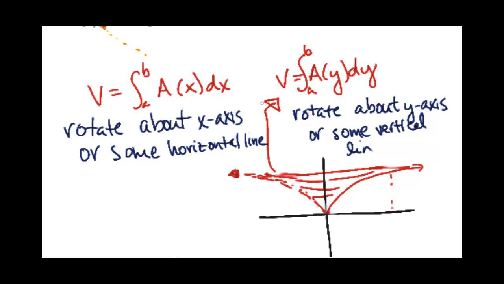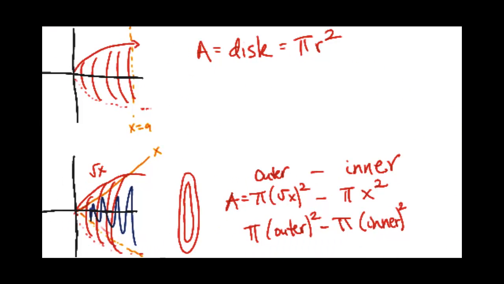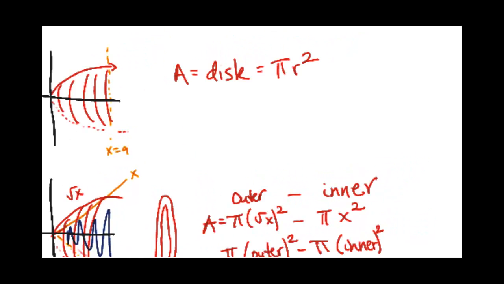The best way to do these is just to practice. Again, if it's about the main axis, whether x or y, it's going to be the disk method, and we're just going to have one formula because the inner radius would be 0, right?